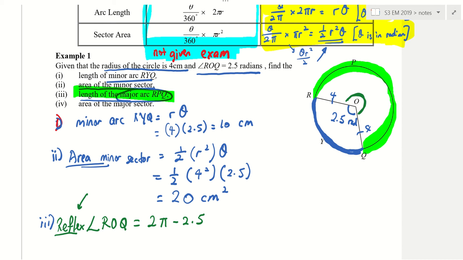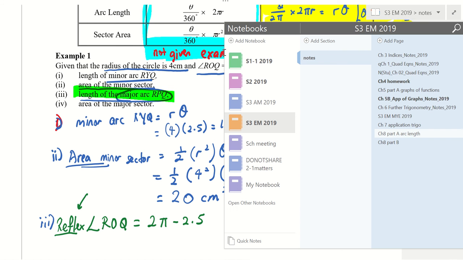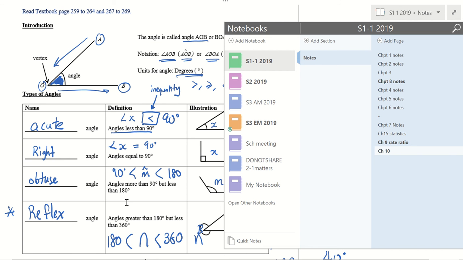This word today I taught in 1-1. That means 2 years ago you all never paid attention. I show you the notes. Do you know this is recorded? Okay, I show you. I never blame you.